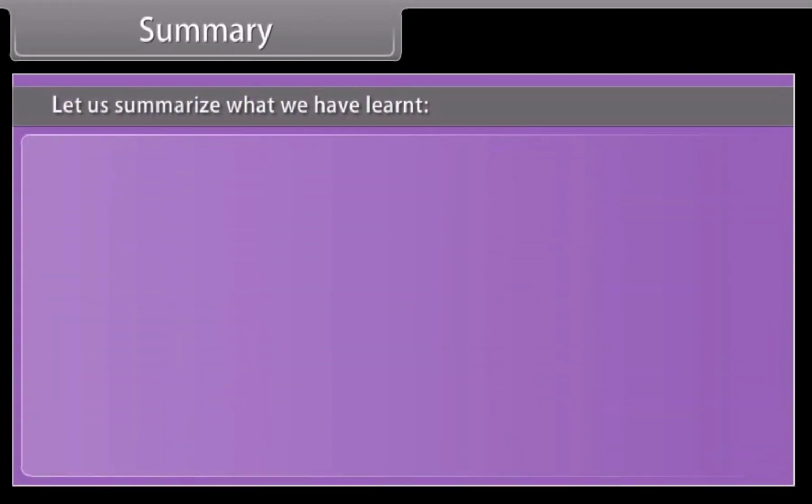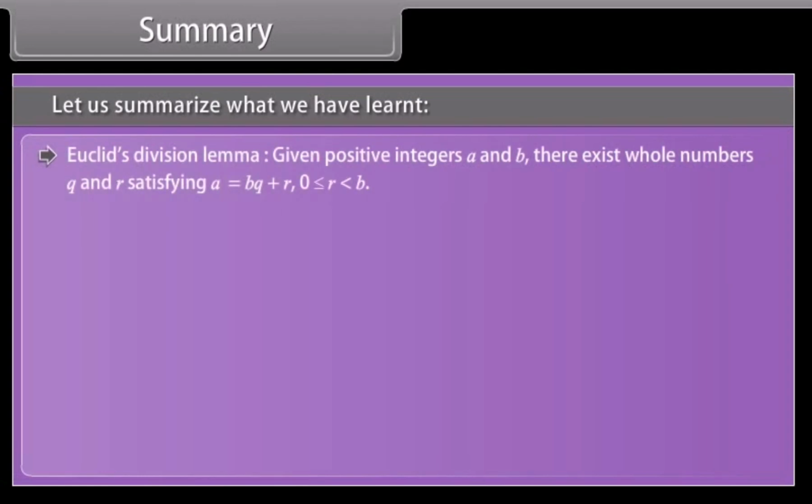Summary. Let us summarize what we have learned. Euclid's division lemma: given positive integers a and b, there exist whole numbers q and r satisfying a equals bq plus r, 0 is smaller than or equal to r is smaller than b.